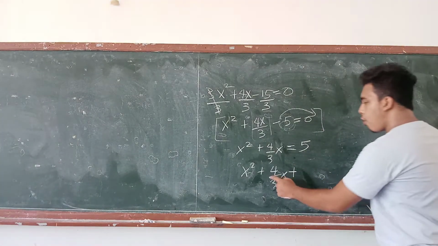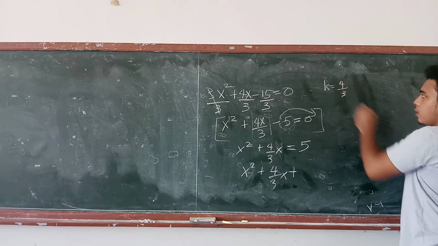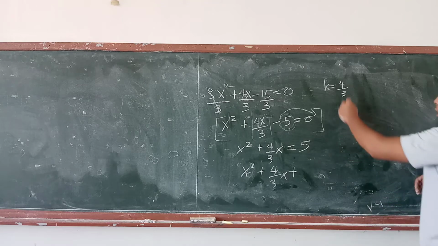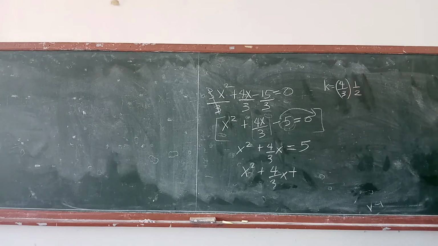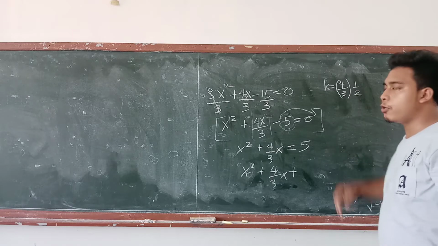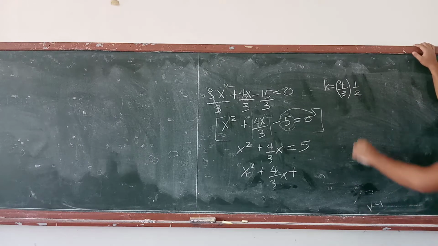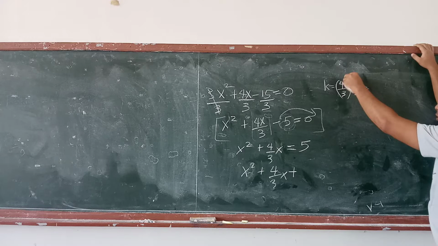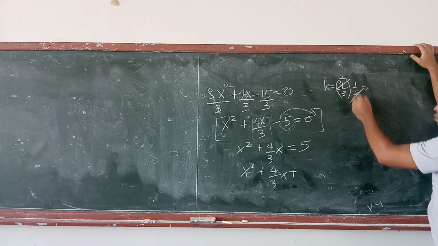So 4 over 3, since our k is equal to 4 over 3, then if we divide that by 2, or let's say, multiply it by 1/2. That's the same thing as 4 over 3 divided by 2. So 4 over 3 times 1/2 is equal to, let's have simple cancellation, cross multiply, 4 divided by 2, 4, 2 cancel, that is 2 and 1.